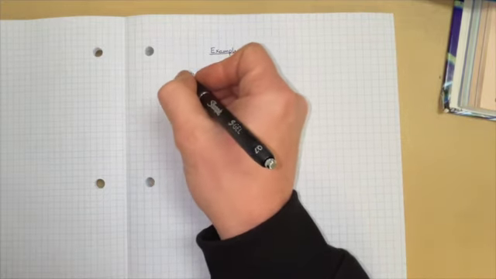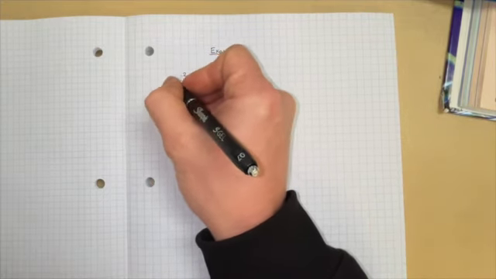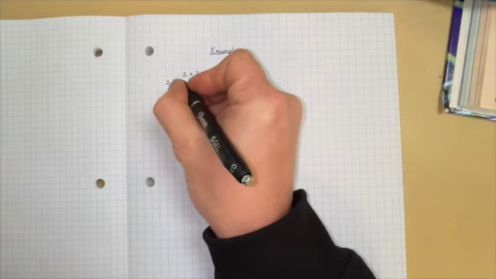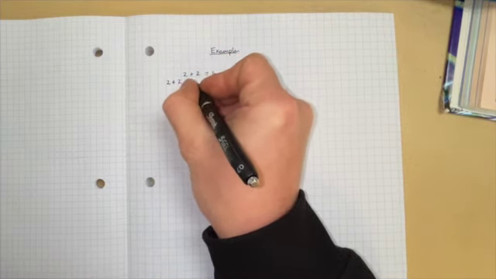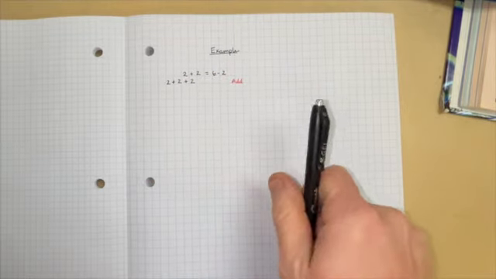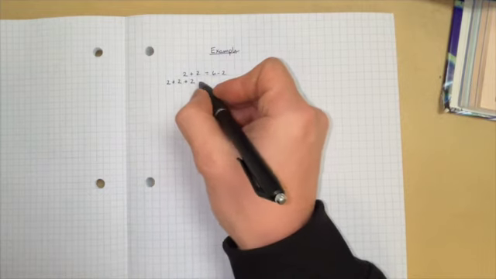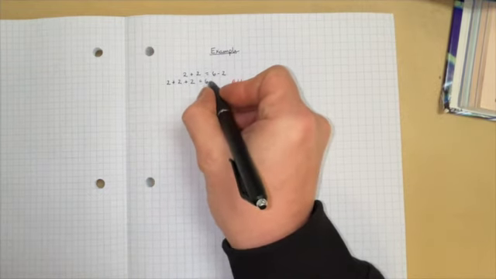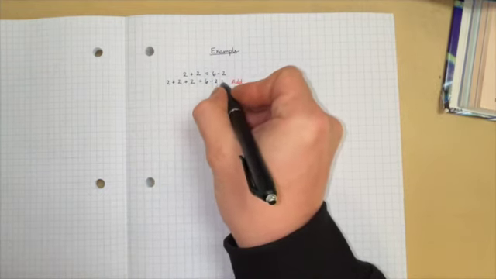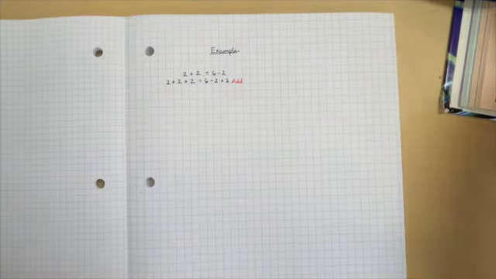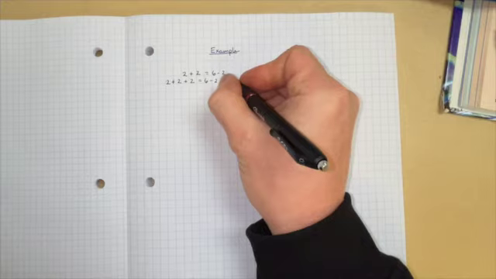I'm adding 2 to the front side: 2 plus 2 plus 2. So I added a positive 2, and that is equal to 6 minus 2 plus 2.